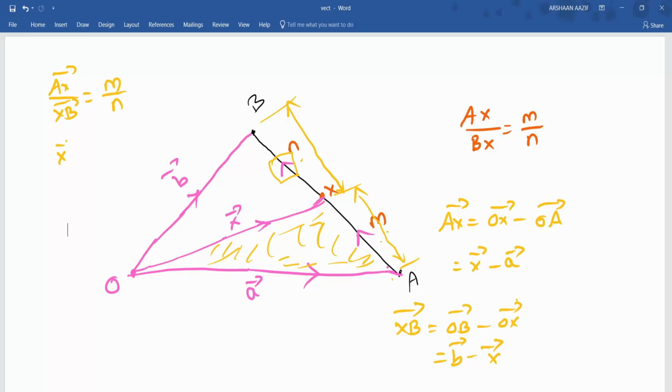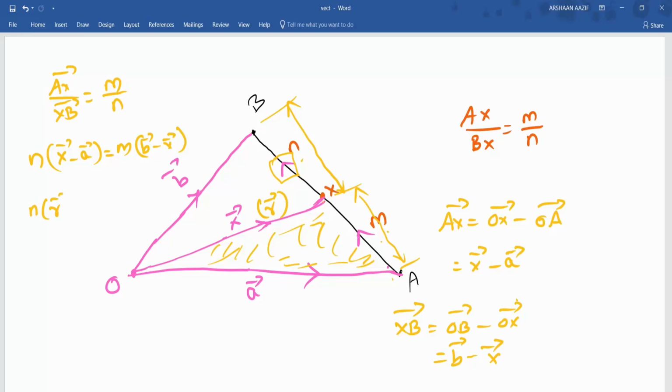So the AX vector, X vector minus A vector, is equal to m into, if here it is n, the XB vector goes to the other side as the numerator. So the XB vector is the B vector minus the X vector. This is the vector form where you could use it to find the section formula.